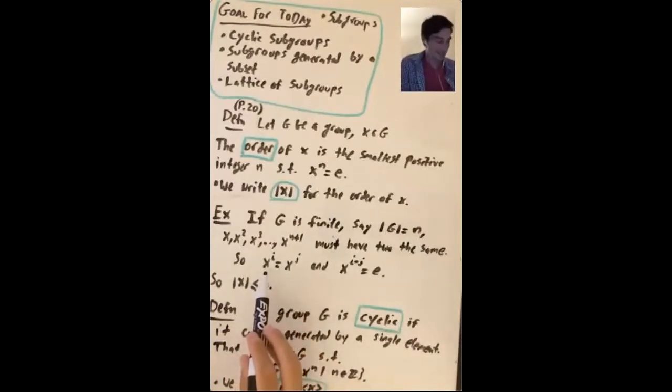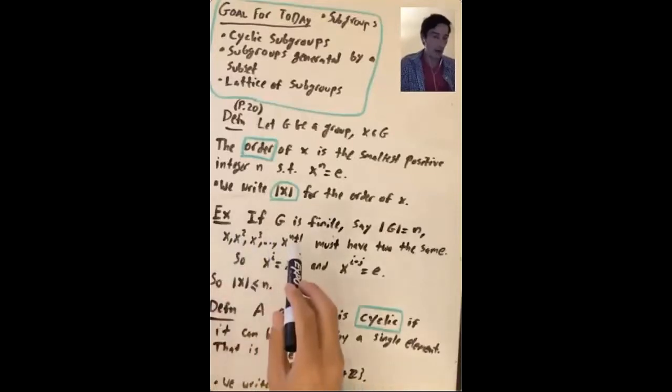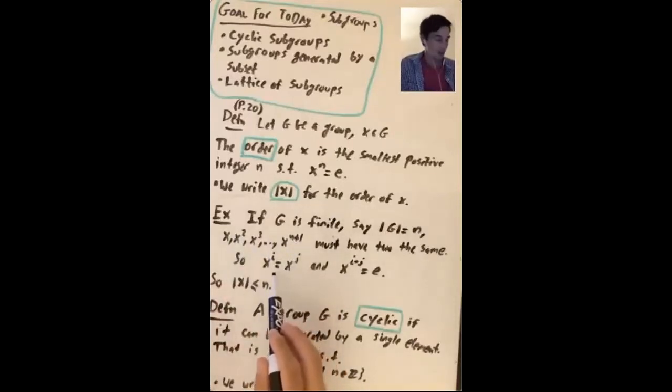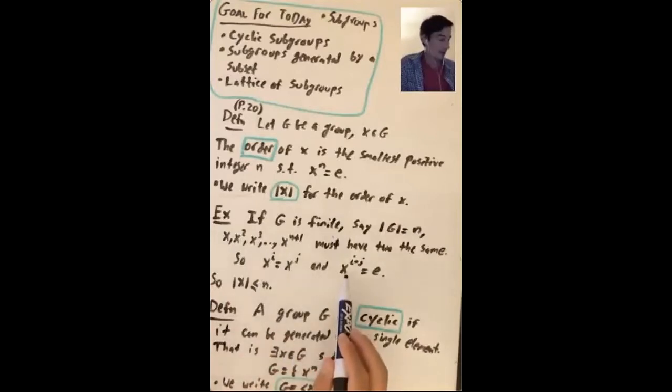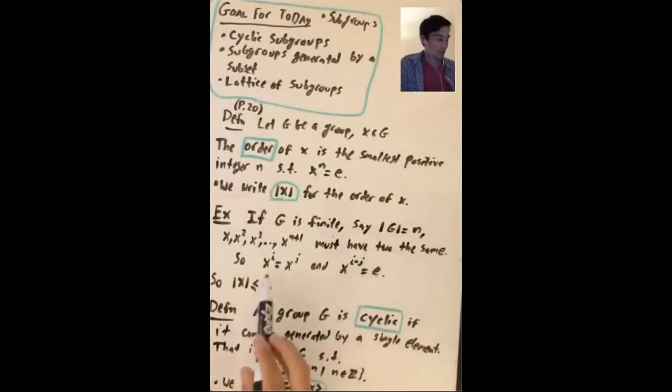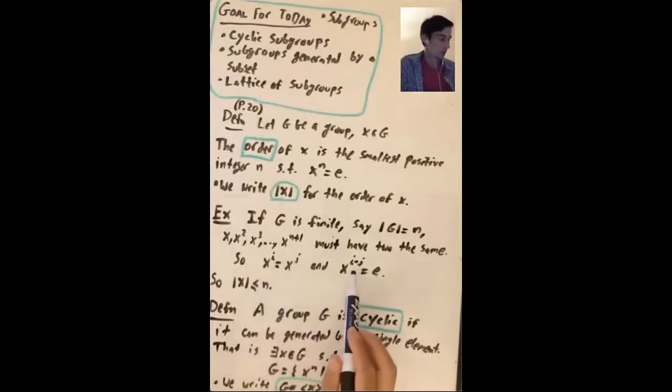So there exist distinct i and j between 1 and n plus 1 where x to the i equals x to the j. Now if you take these two equal group elements and multiply by x to the negative j, x inverse to the jth power, on both sides, you get x to the i minus j equals e. Just by switching the order, we might as well suppose that i is bigger than j.